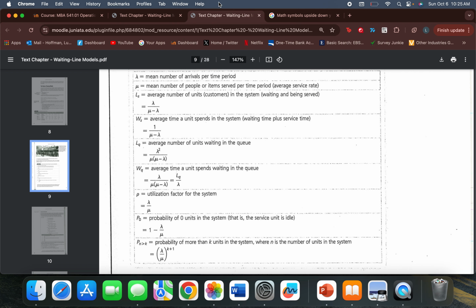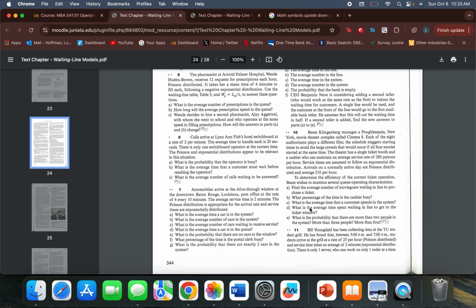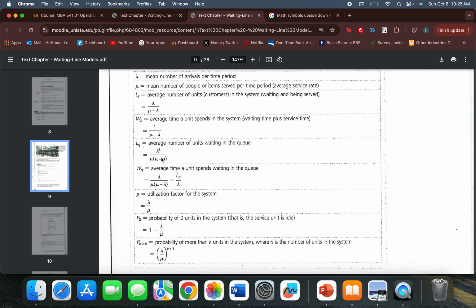The next part is just a continuation of that. What is the average time spent waiting in line to get to the ticket window? We know it should be less than 52 seconds. The formula we're going to use is the average time a unit spends waiting in the queue.